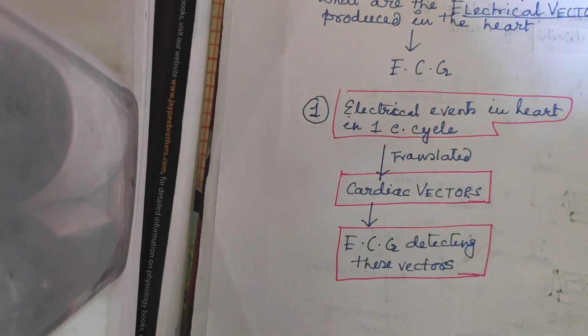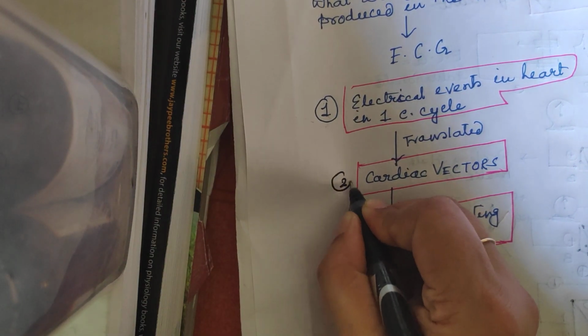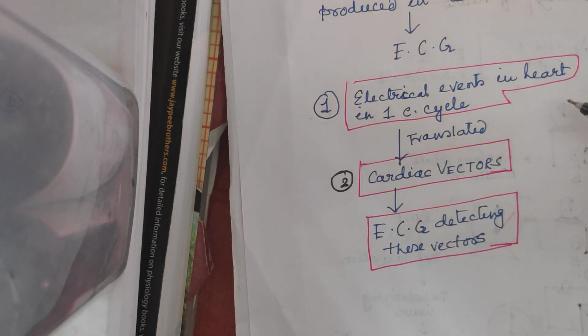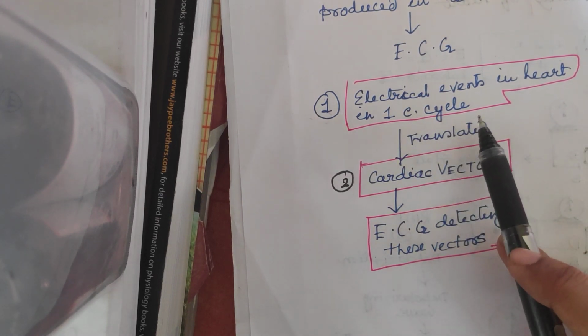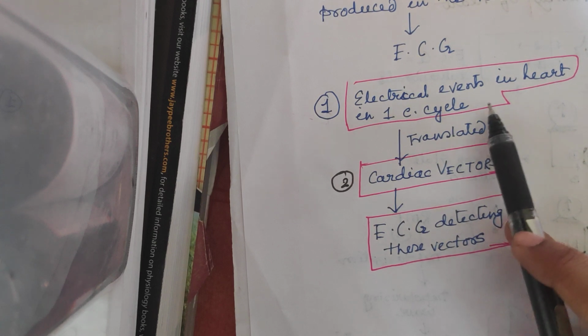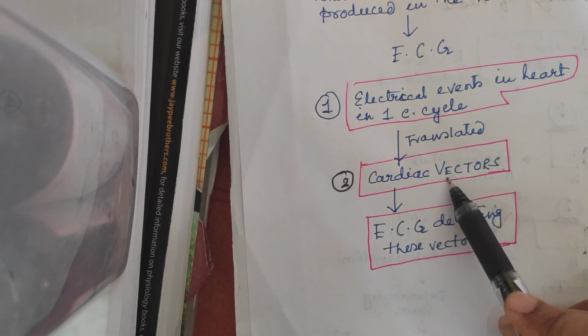First we want to know what the electrical events are that happen in the heart in one cardiac cycle, and how we can translate these electrical events into cardiac vectors, because the galvanometer will identify the cardiac vectors.